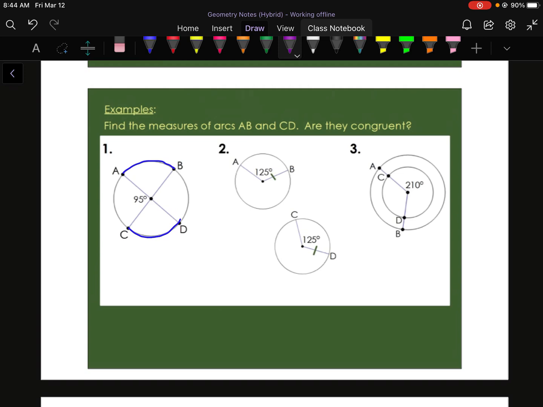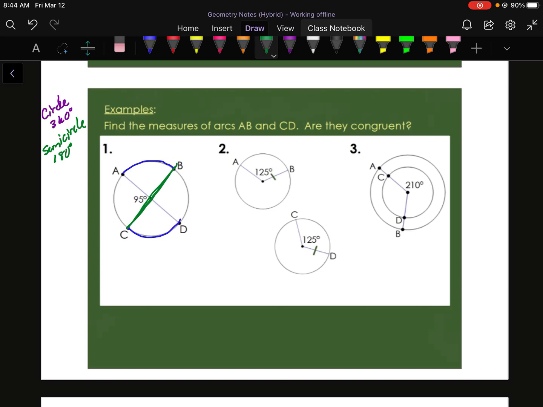First of all, you want to know that a circle has 360 degrees. So if I draw a diameter, what I form is a semicircle, and we just talked about this, that has 180 degrees. So half a circle is 180, full circle is 360.